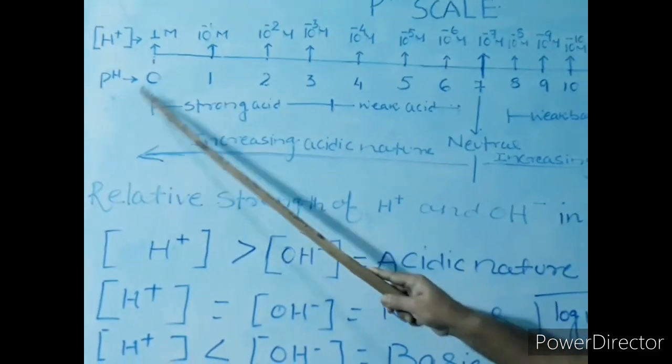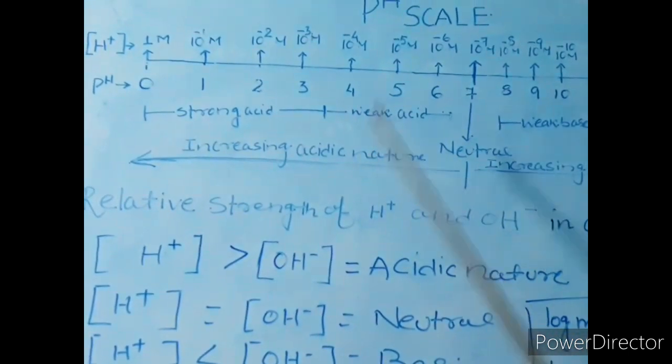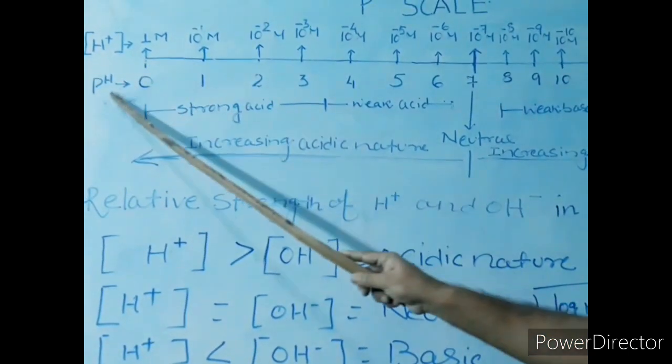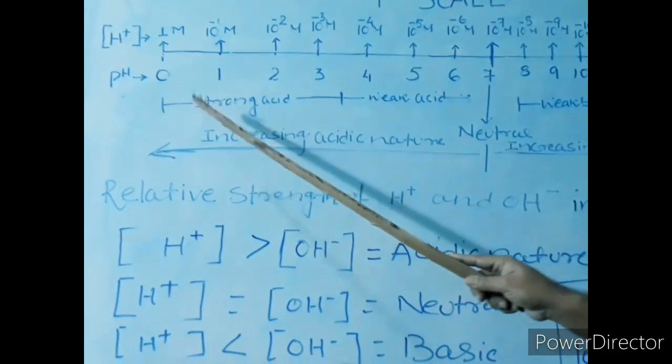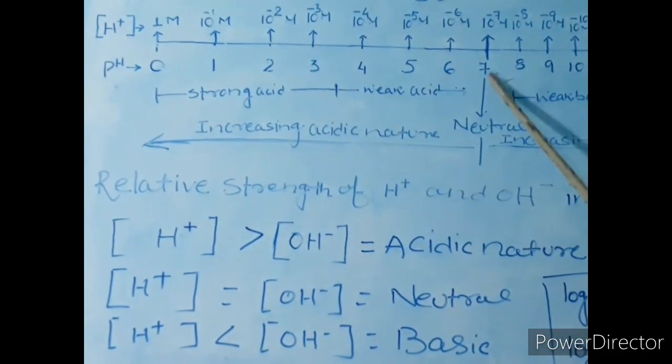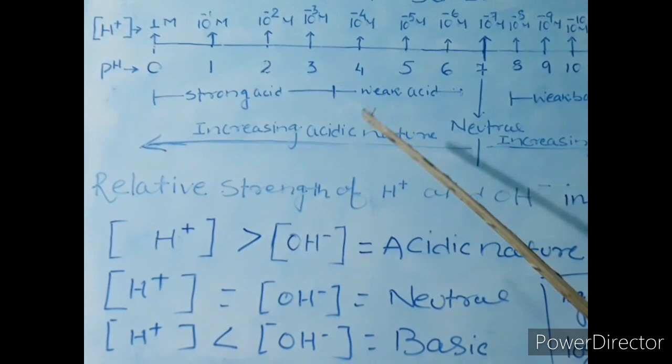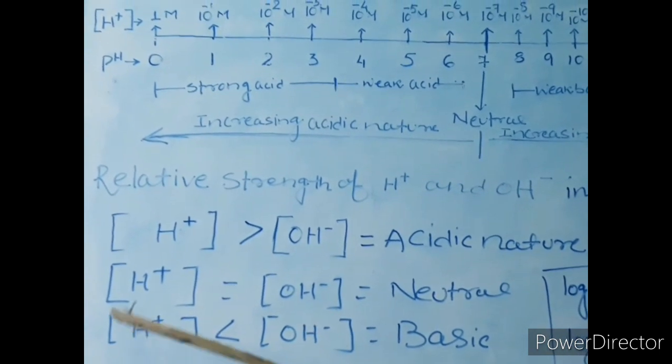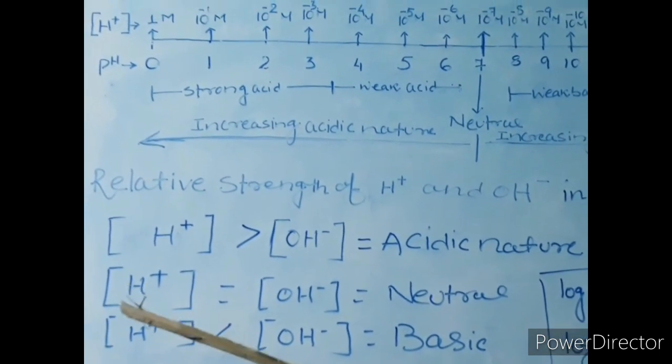Now, if the pH of any aqueous solution is less than 7, we categorize it as acidic.